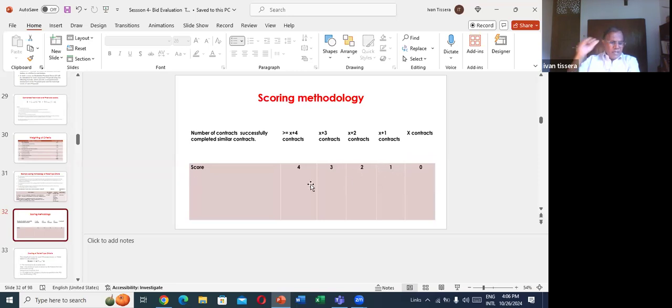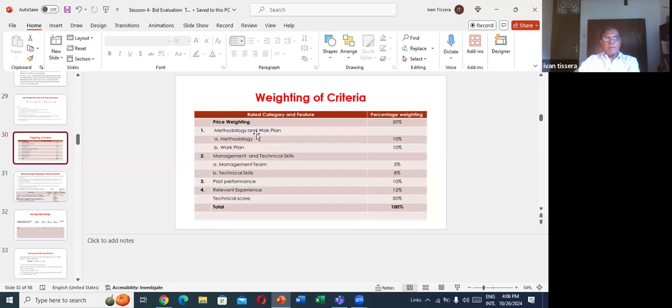But this sub-criteria is not needed to explain. You can say if 4 or more, 4 marks. That's enough. 3 and 2, 0 is not necessary, right? Or we can just say this one, methodology and work. So experience, whatever the previous experience, 12 marks.